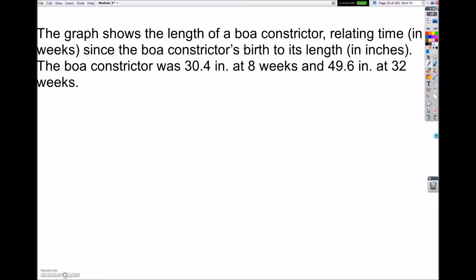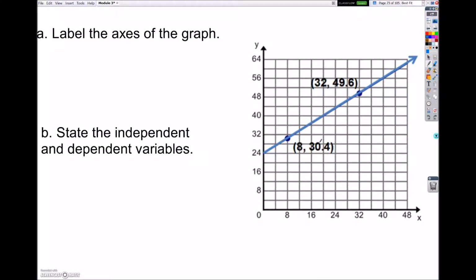I want you to notice this gives me two points right here. This is time, which is usually, 99 out of 100 times, the independent variable, and we have a dependent variable of the length of the snake. It says label the x and the y variable. The x variable, the independent variable, is going to be time, in weeks.